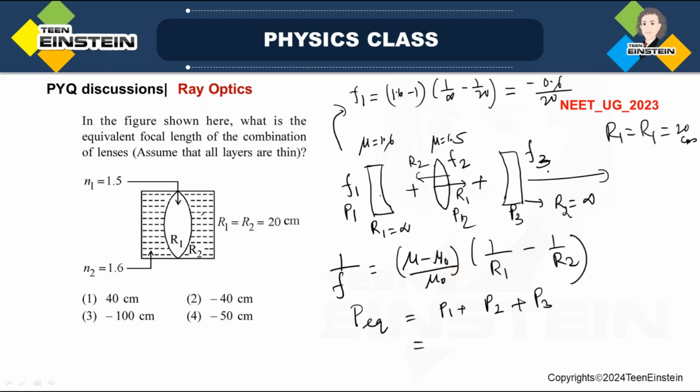But for f3, 1 over f3, we get mu minus 1 is 0.6 anyway, multiplied by, see, this R2 is infinite, whereas R1 has a certain value.